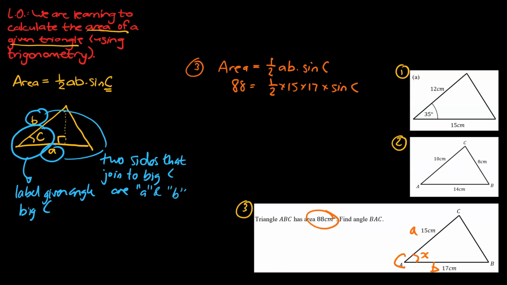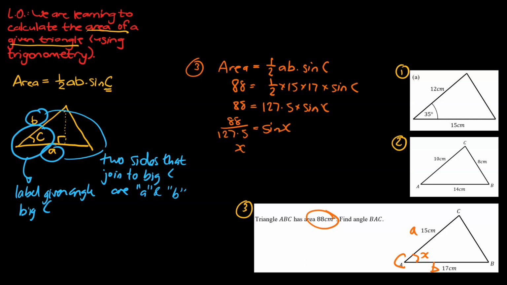When you get that into your calculator, we're going to go 15 times 17, that equals 255, times that by 0.5, that is 127.5. So 88 will be equal to 127.5 times sine C. We'll then move the 127.5 over as division. So 88 divided by 127.5 is going to be equal to sine C. And that means C, which we probably should have called X all along actually.